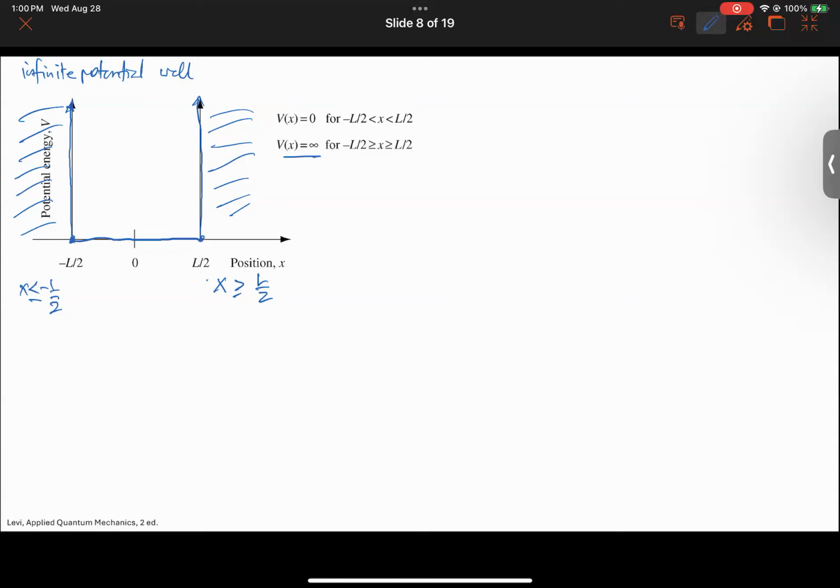In other words, there is no probability of finding the particle outside of that region. So we only consider the region between negative L over 2 and positive L over 2. So V of x is 0 in that region, which means that if we revert to our Schrödinger equation, we can write it as the kinetic term acting on psi of x equal to E psi of x, since V of x is equal to 0.